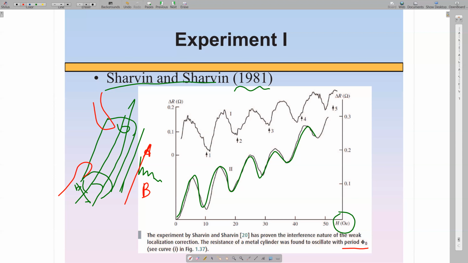Right. As it follows from my story, this period signals averaging over dynamical phases.